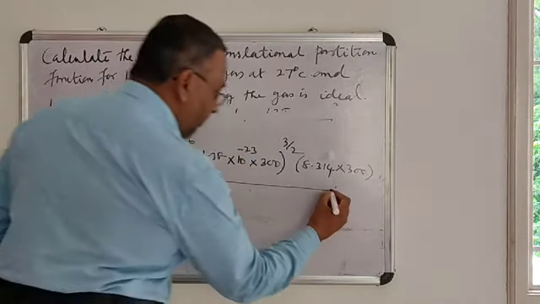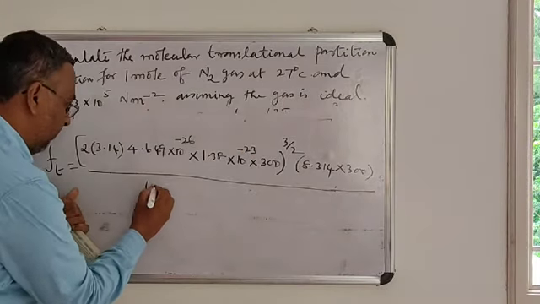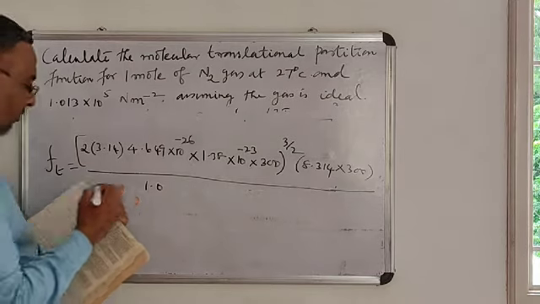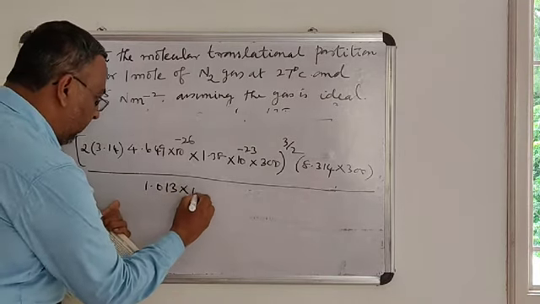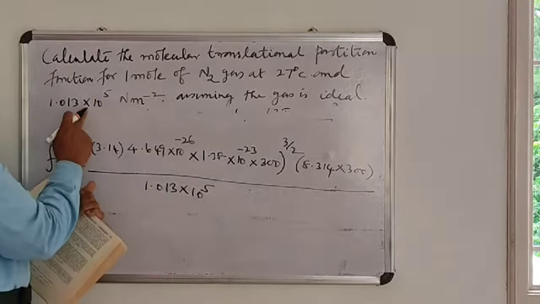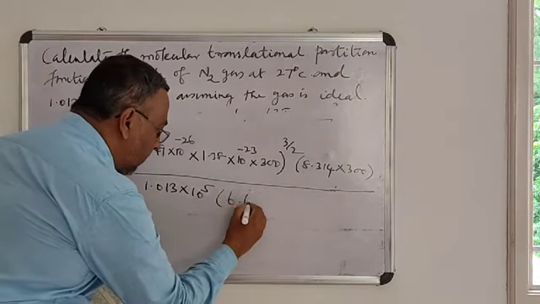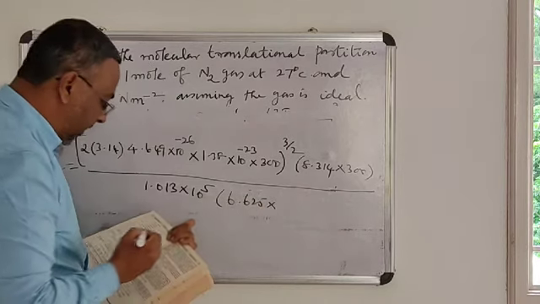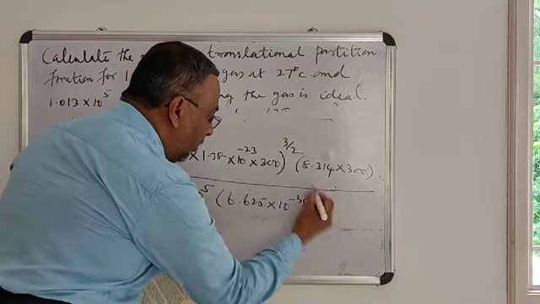divided by pressure of the gas, 1.013 Newton per meter square into 10 to the power of 5. Here it is given the pressure of the gas, and Planck's constant value 6.625 into 10 to the power of minus 34, whole cube.